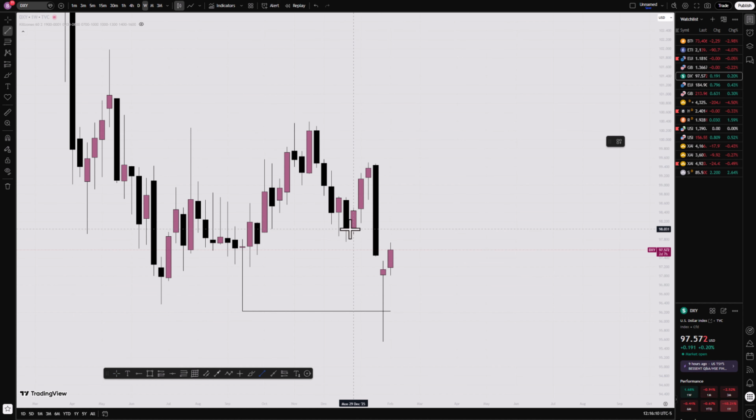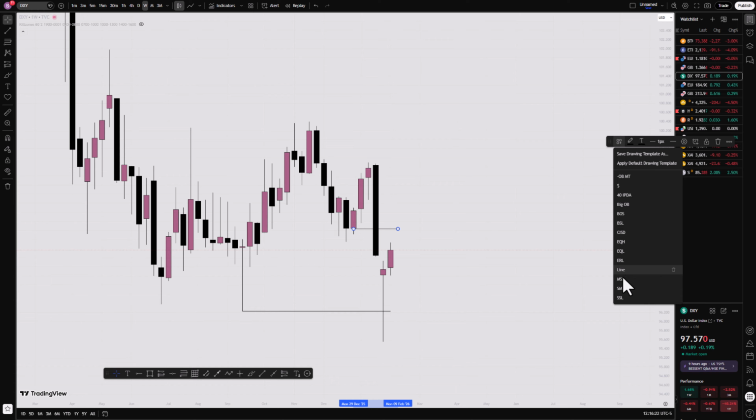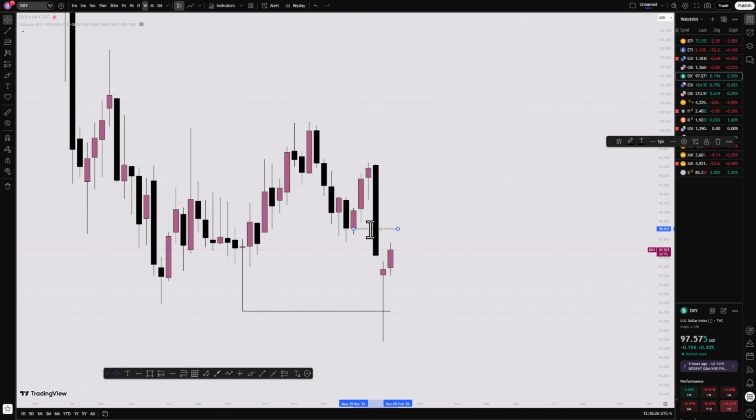This three consecutive candle is a change in the state of delivery. You can mark the first candle's open as the change in the state of delivery, so you can put your markup here. I don't have it saved, so let's write change in the state of delivery. So here it is.